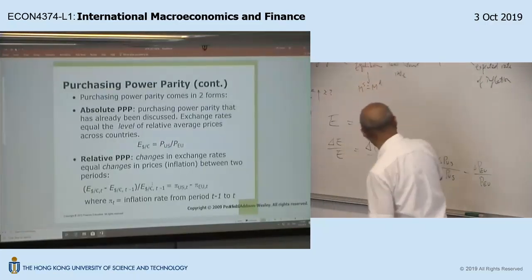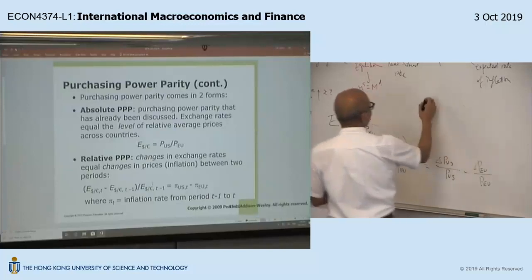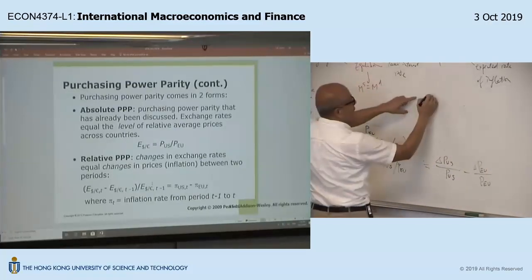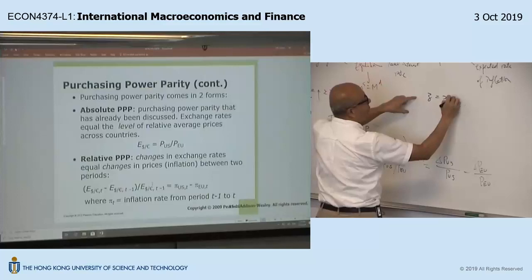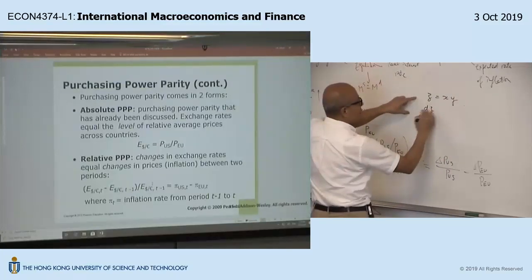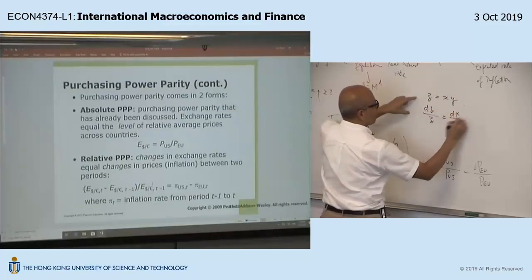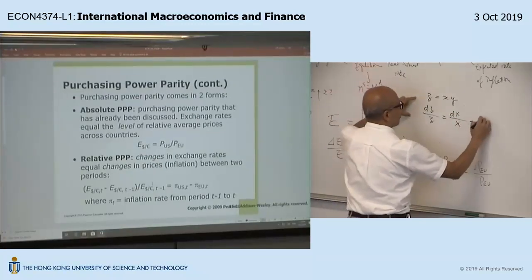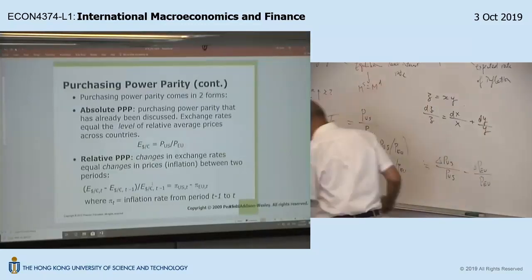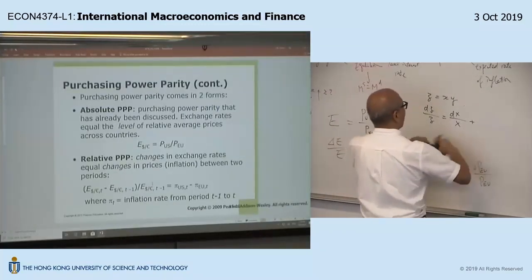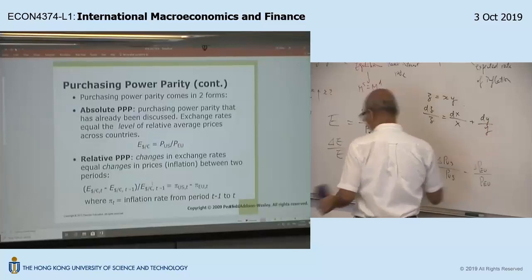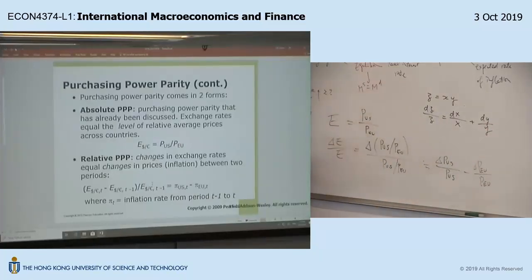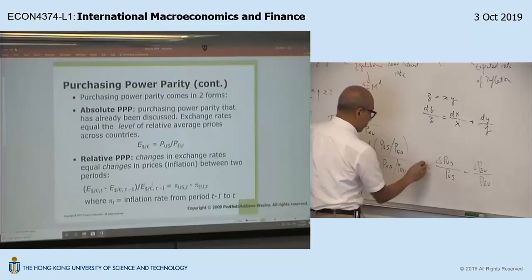In other words, it comes from the fact that if z is equal to x times y, then dz over z is equal to dx over x plus dy over y. But this holds if dx and dy, these changes, are small, so this is an approximation.